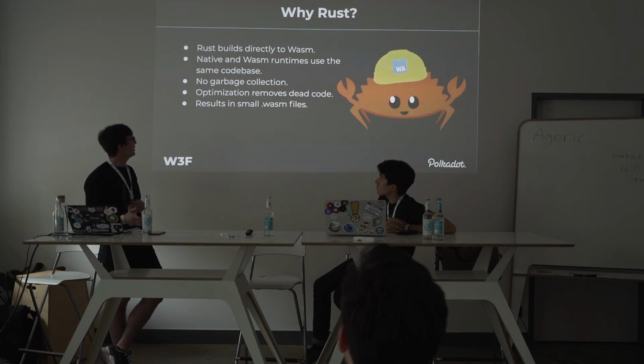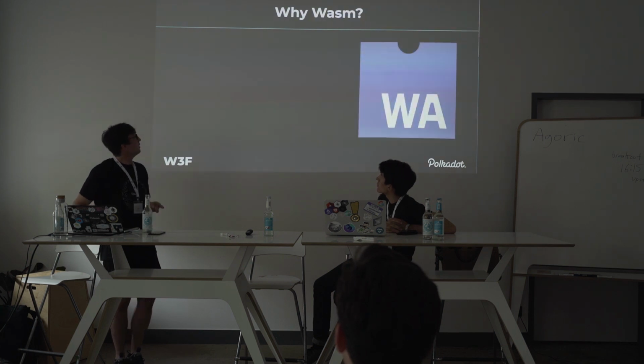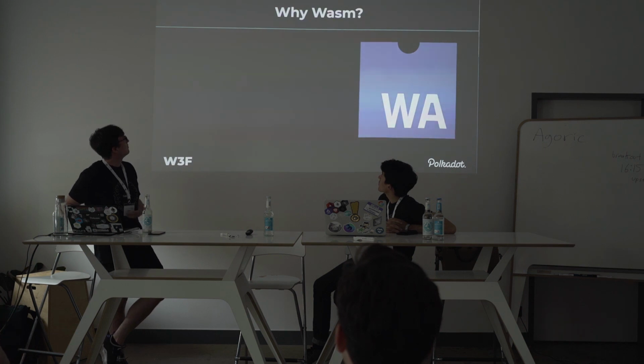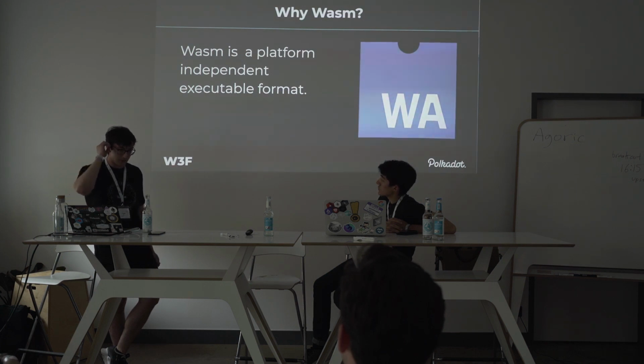It uses this notion of borrowing, and it's optimized to create small WASM files, which will be important because those actually go on the chain. So why WASM? WASM is a platform-independent executable format. So for blockchains, which are expected to be a distributed system, people will be running it on different architectures and different operating systems.